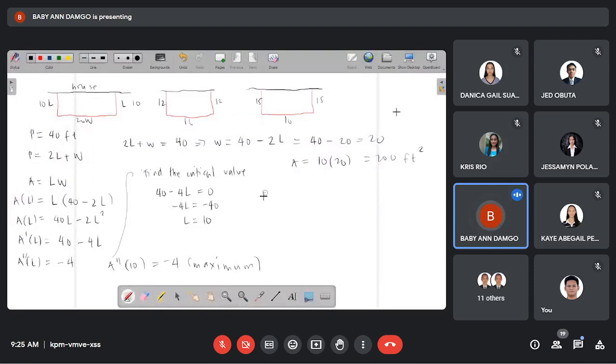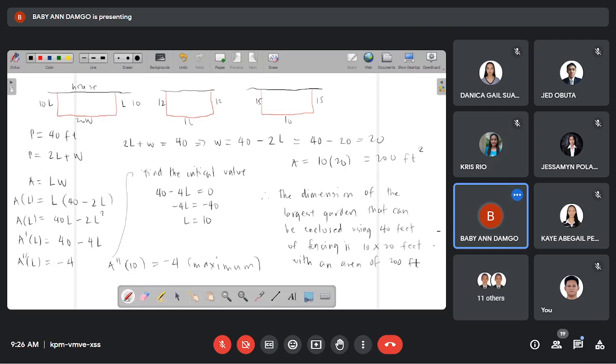Okay? So for the conclusion, the dimensions of the largest garden that can be enclosed using 40 feet of fencing is 10 by 20 feet, with an area of 200 feet squared.